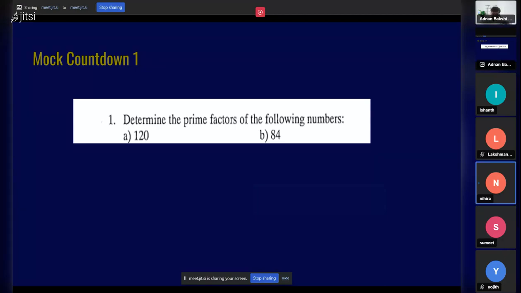Is this both numbers for one question? No, separate. You have to get the prime factors of each number separately. And Ishant, I think you're unmuted. Might want to mute.